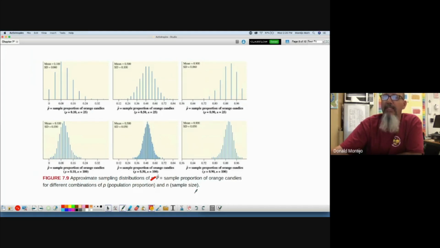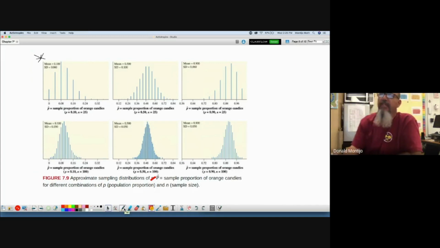The approximate sampling distributions of p hat. Okay, the sample proportion of orange candies for different combinations of p. Okay, so let's kind of look at these slowly as we move through. This first graph up here on the top left, p hat is the sample proportion of orange candies from a population where 10% of the candies were orange.